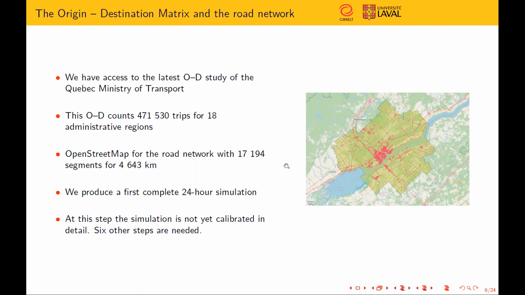So the complete network is around 18,000 segments. And in the first step, we produce a complete 20-hour simulation based on this OD study. And we have to apply 6 other steps to calibrate carefully these data. And I will show you these steps in detail.